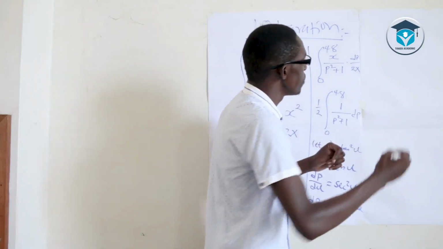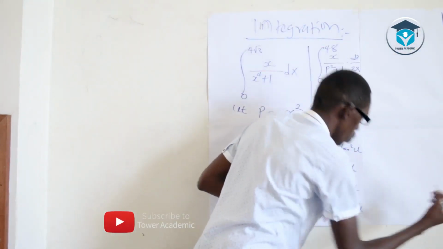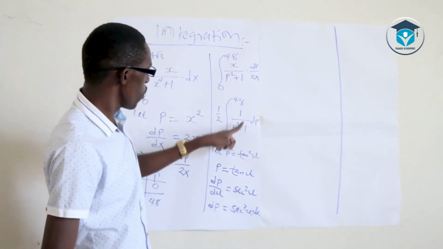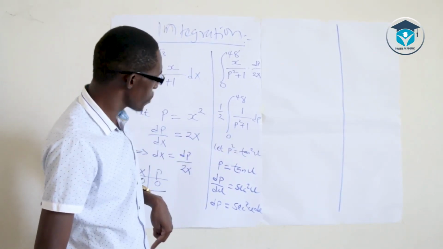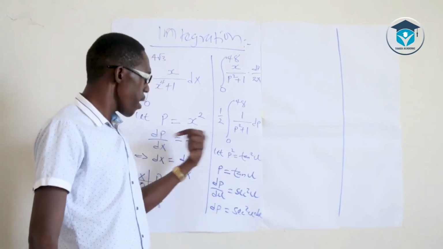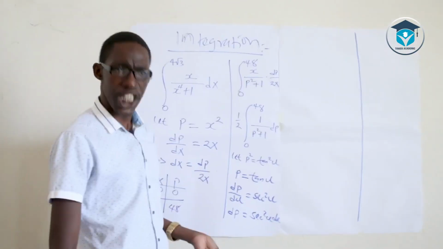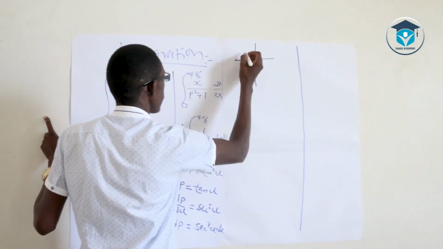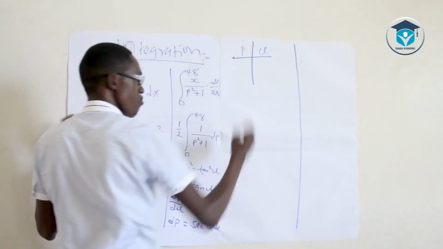Then I come to substituting. But remember, since we are also changing from p to u, our limits are to be changed. So I say this is my p, this is my u.